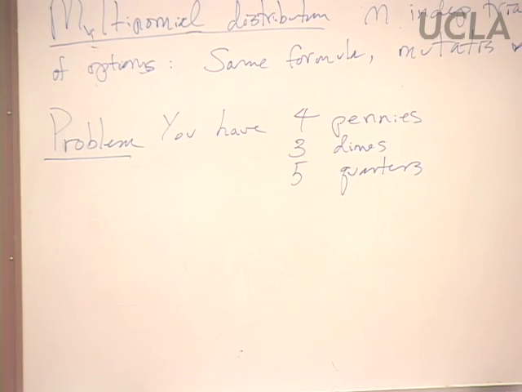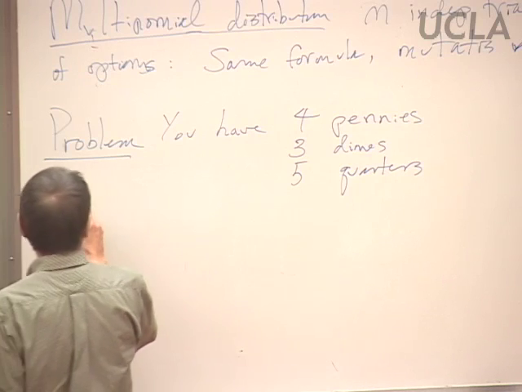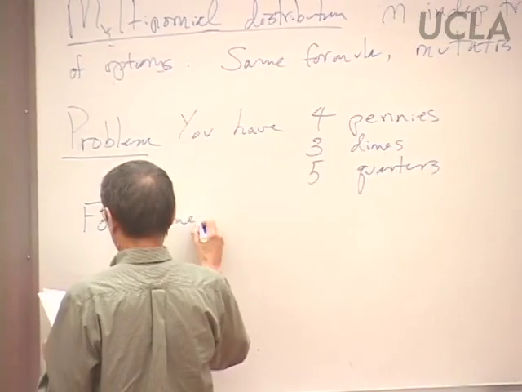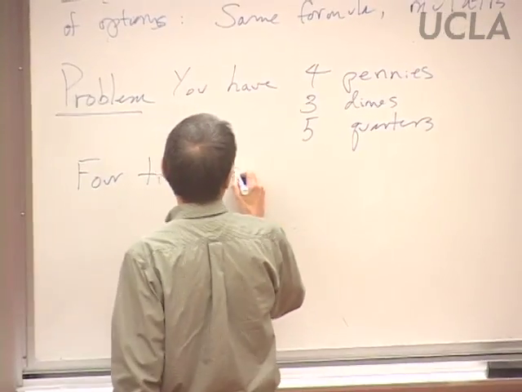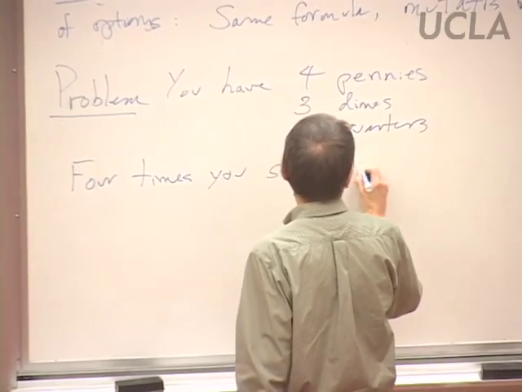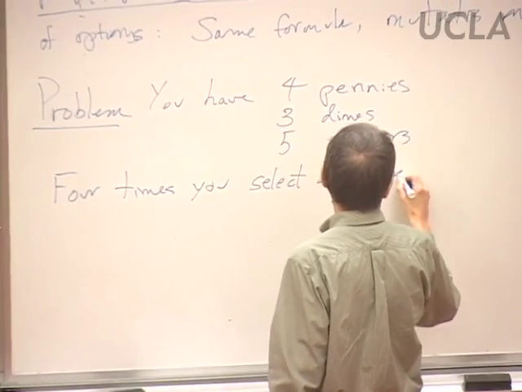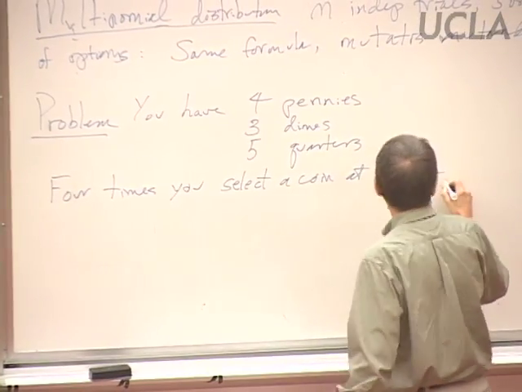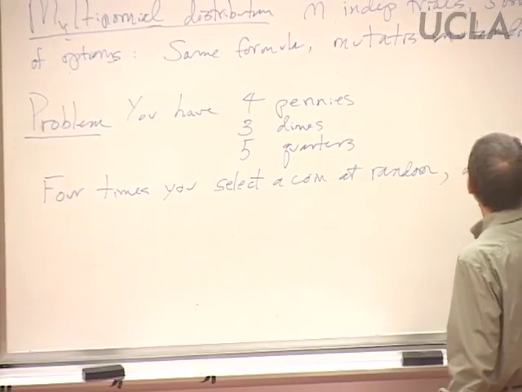So now, since it's with replacement, the trials will all have the same success probabilities. And the number of trials is going to be 4. So 4 times. You select a coin at random from your pocket. You look to see what it is. And then you replace it.